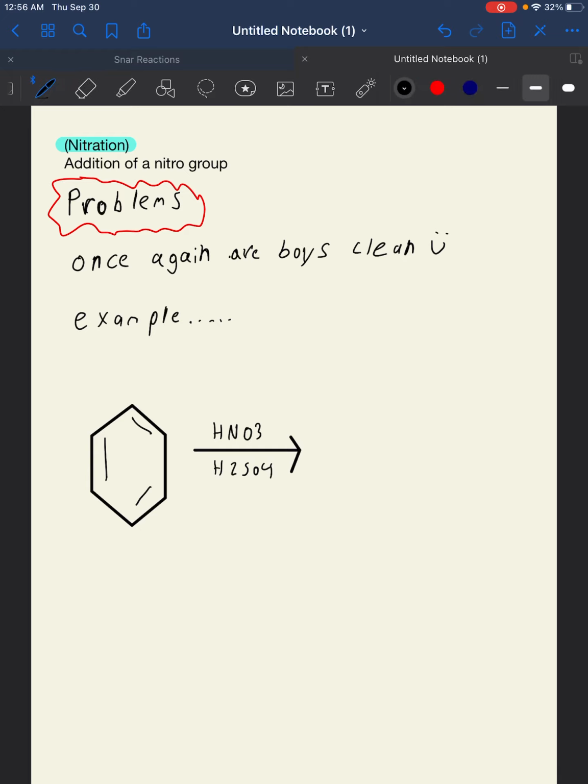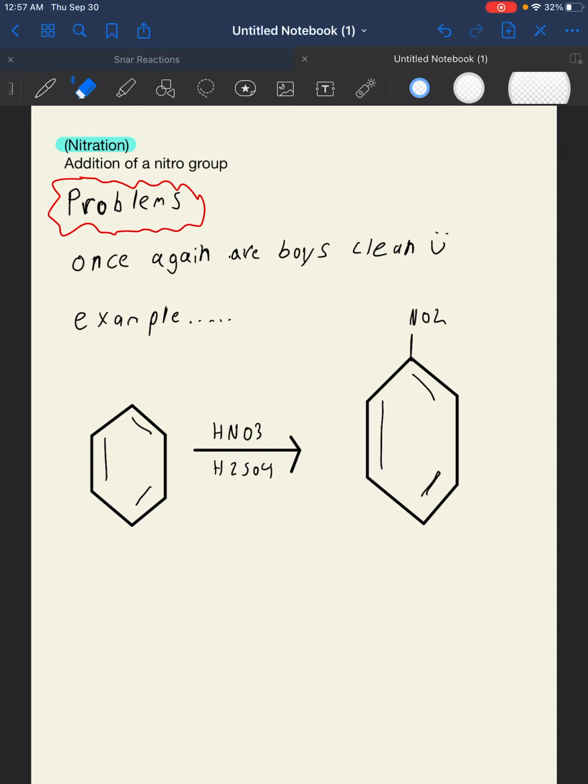And all it does is it adds, sorry I have to draw these out, on an NO2 group. Now once again, if we kept synthesizing this, we now have an electron withdrawing group on here, so now it dictates towards the meta positions. You see how these are working?